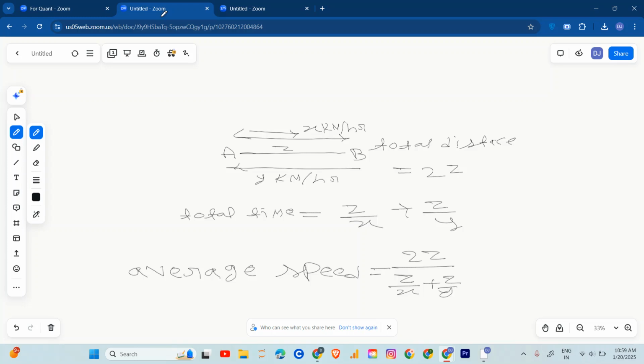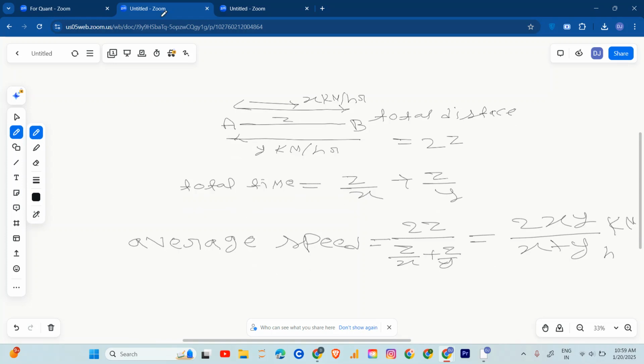We will take the LCM, and the LCM will be xy, and here it will be x, here will be y. So we will solve it, and we will get 2xy divided by x plus y. So it is kilometer per hour, obviously. So it is the average speed of the whole journey which we have calculated.